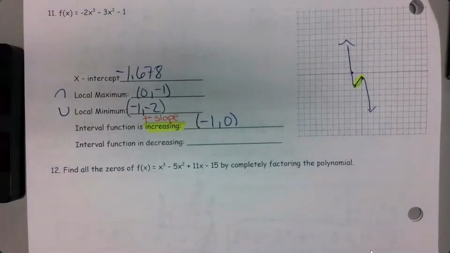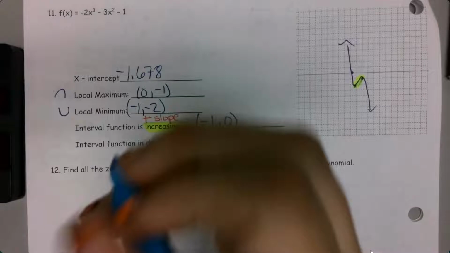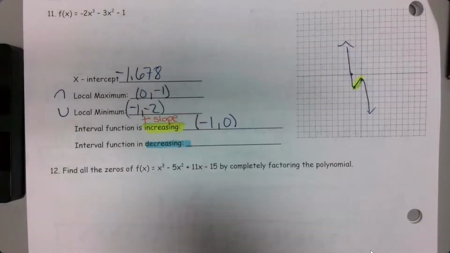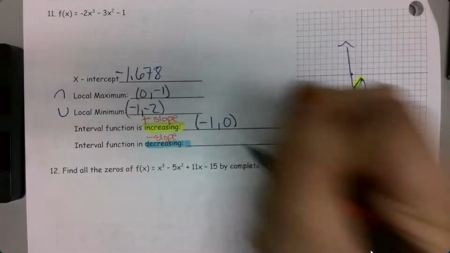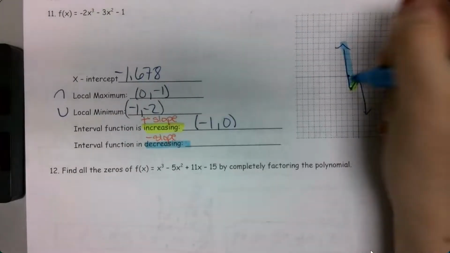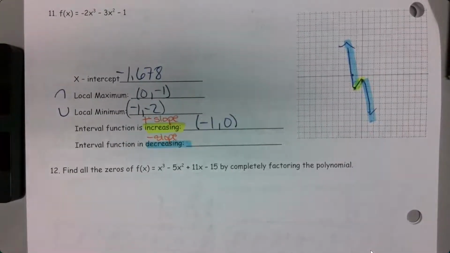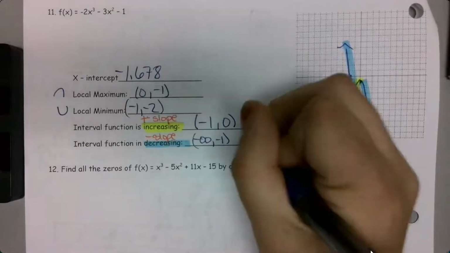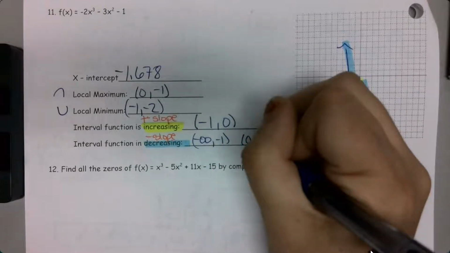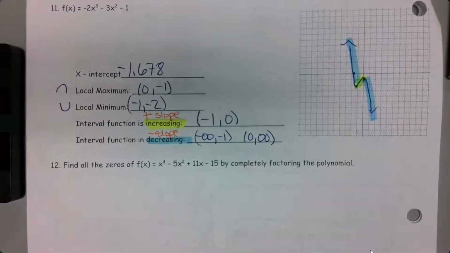Then I want where my function is decreasing, that's where it has a negative slope. Which is here and here. So that starts off at -infinity and it stops at -1. And then it starts up again at 0 and goes right forever.